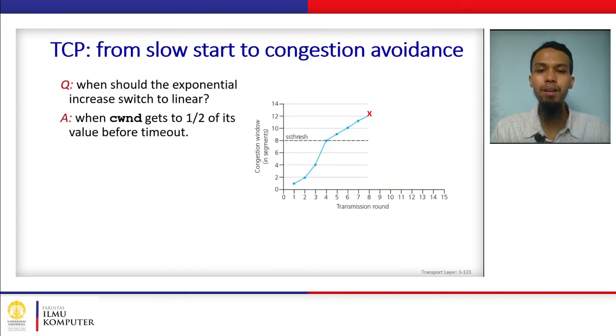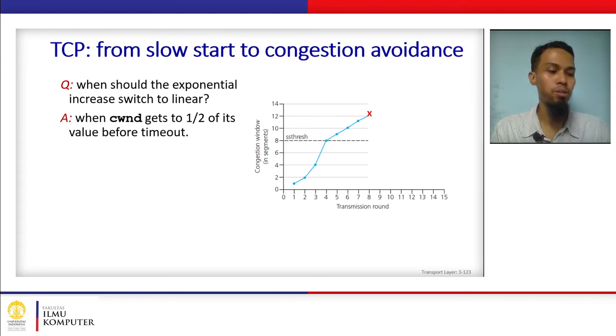Okay, but then there will be some problems, because if we send too many segments afterwards, there will be more probability of congestion. So there should be a limit where we stop the exponential increase.